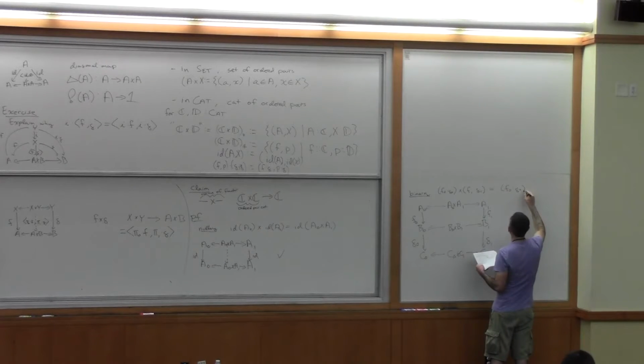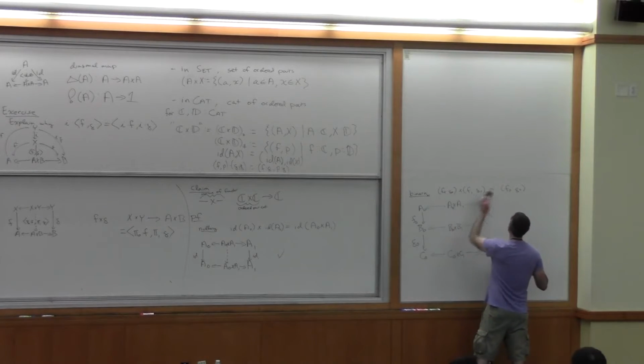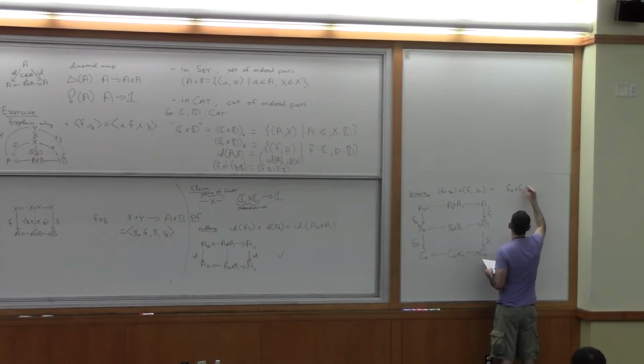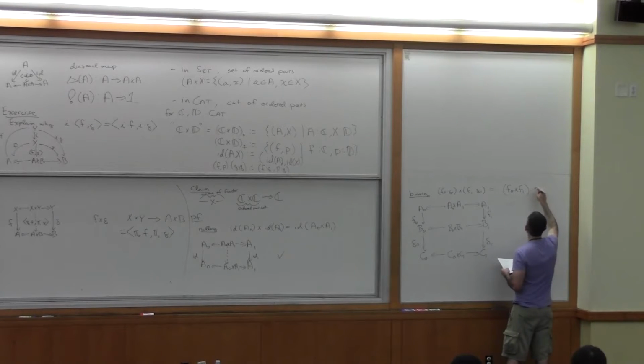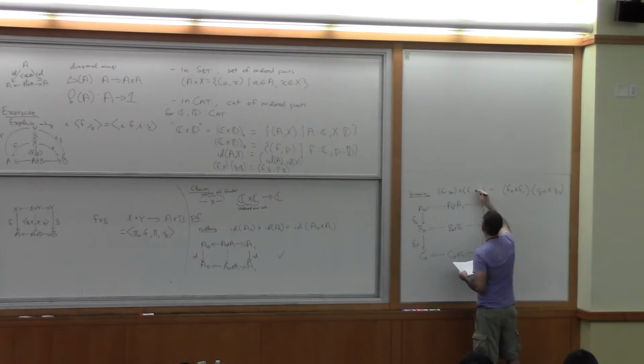Wait, something's wrong. What did I do wrong? Here I did the product of the compositions. Here I need to do the composition of the products. Sorry. F0 cross F1 compose G0 cross G1. Okay. I think that makes sense.